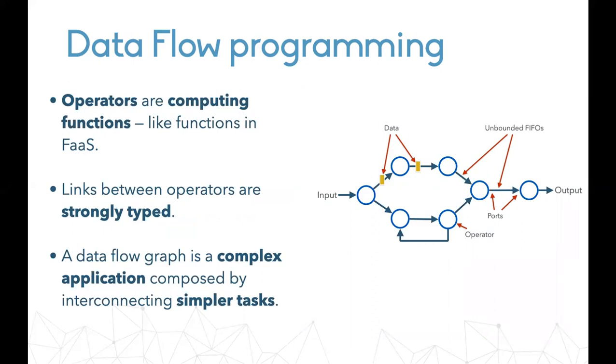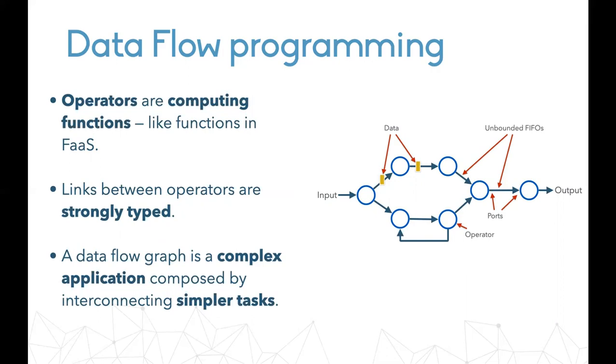In the data flow programming paradigm, you have operators, which we can see as functions because their goal is just to compute something and provide some outputs. Those operators are agnostic of the application they are running in, and you can compose different applications depending on the way you create a graph of these operators.